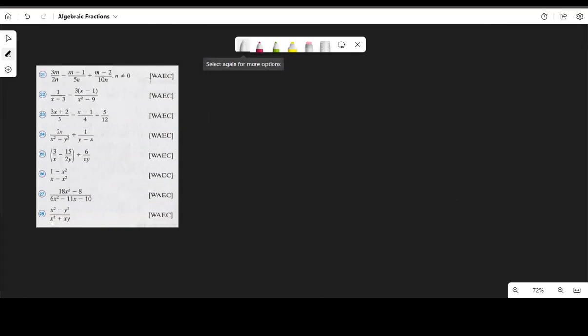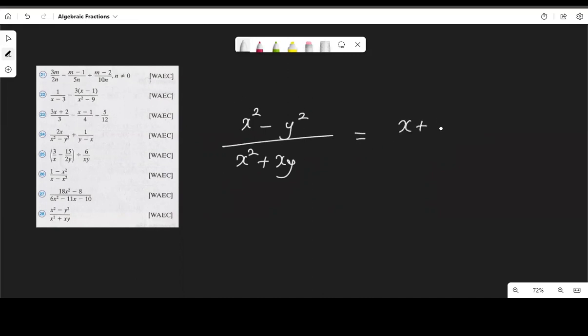Okay, now we'll move on to the final question here, which is x squared minus y squared all over x squared plus xy. Applying difference of two squares to the numerator, we'll have x plus y and x minus y all over.